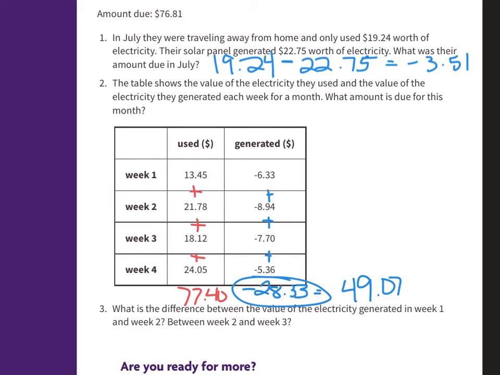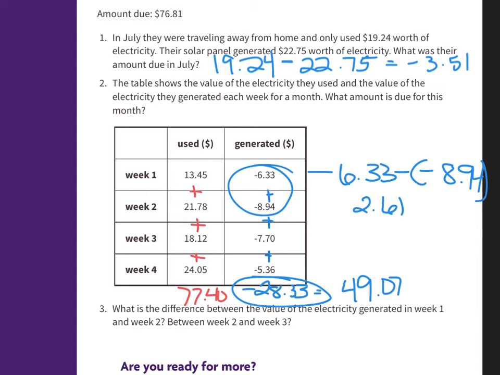What is the difference between the value of electricity generated in week 1 and week 2, and between 2 and 3? So difference means we're going to subtract these two. So negative 6.33 minus negative 8.94 gets 2.61.